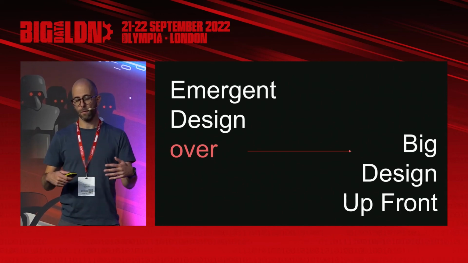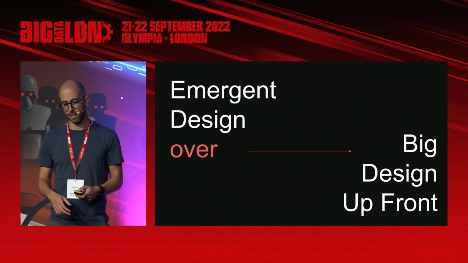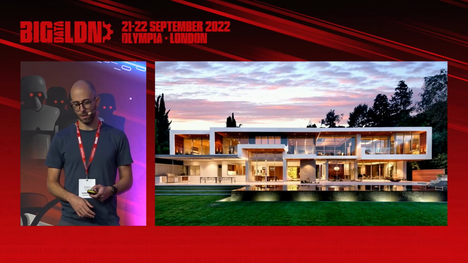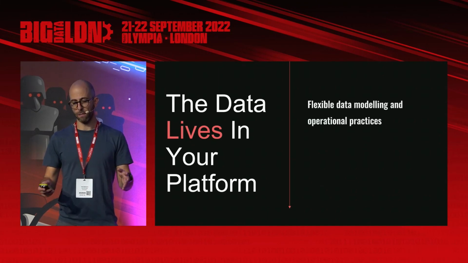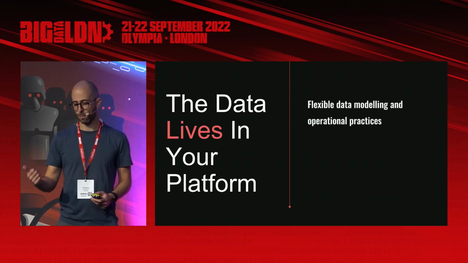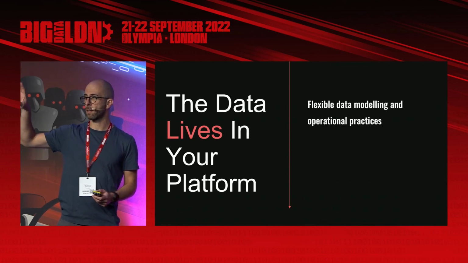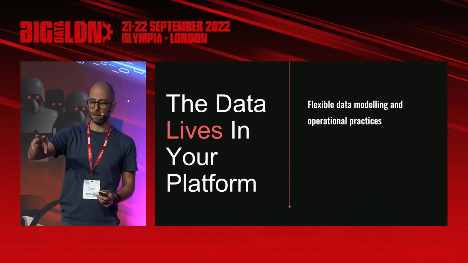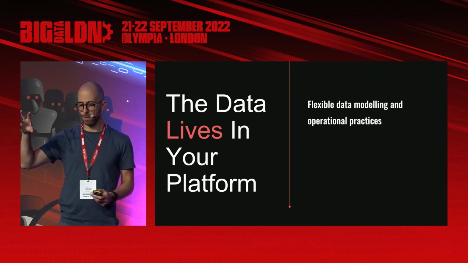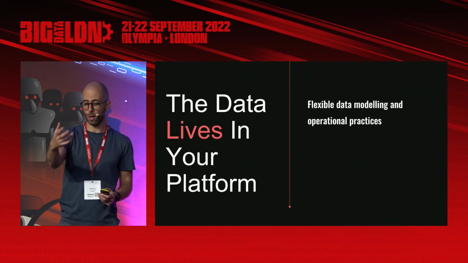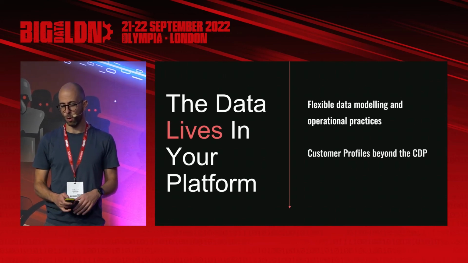So it's all about, for them, emergent design over big design up front, the flexibility of a composable CDP versus a monolithic architecture. There's a bunch of benefit from the data living in their platform in terms of the flexibility of the data modeling. Really important for them because they have business customers that advertise, and there's one set of data processes for them, and a separate set for the consumers who are actually on there buying cars.